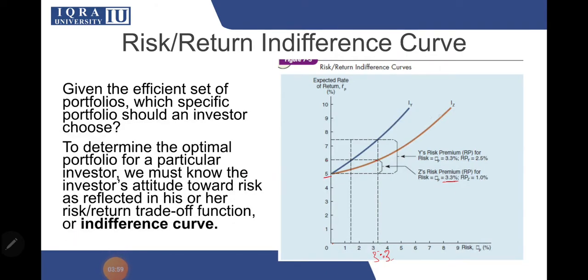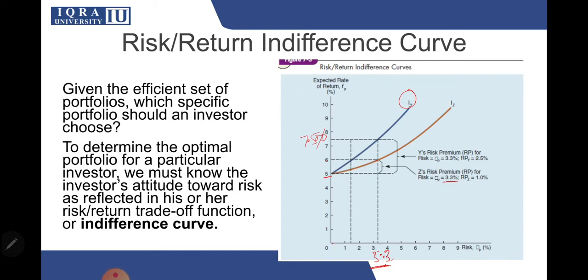Now let's look at the indifference curve of investor Y. This investor Y is also okay with a 5% riskless return, or this investor wants approximately, I can say, 7.5% return at a 3.3% risk level. So this investor is not satisfied if he gets just a 6% return.